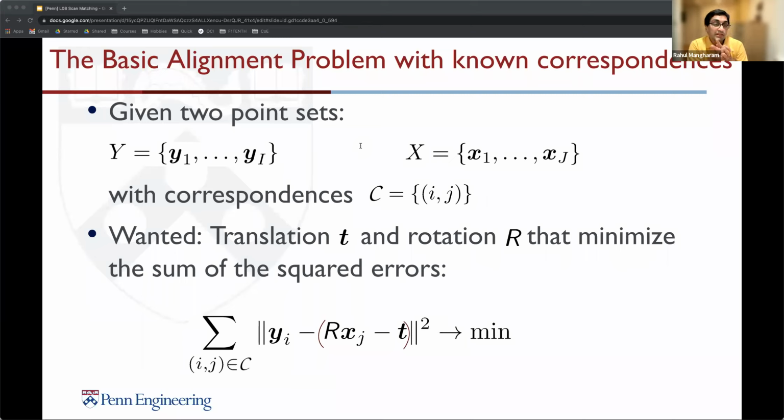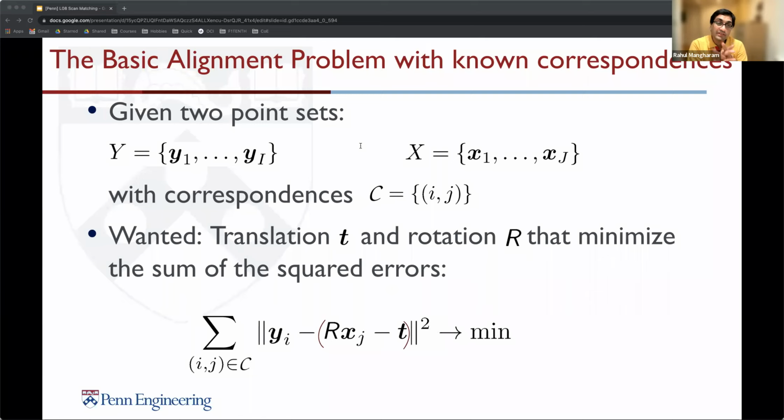What I want then is to find the translation vector t and the rotation matrix R, so that I can transform point cloud x into the coordinate system of point cloud y, so that the Euclidean distances between the corresponding points in x and y get minimized. So I'm minimizing the squared error over all the corresponding points.